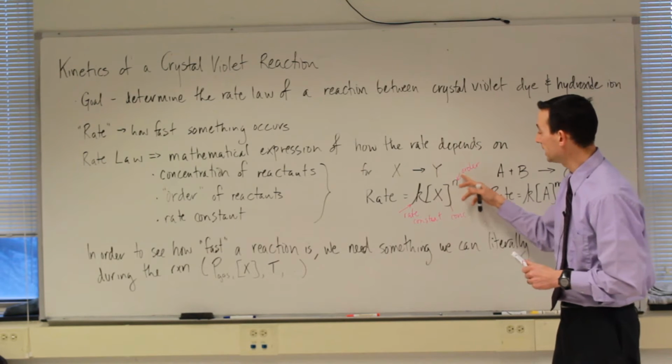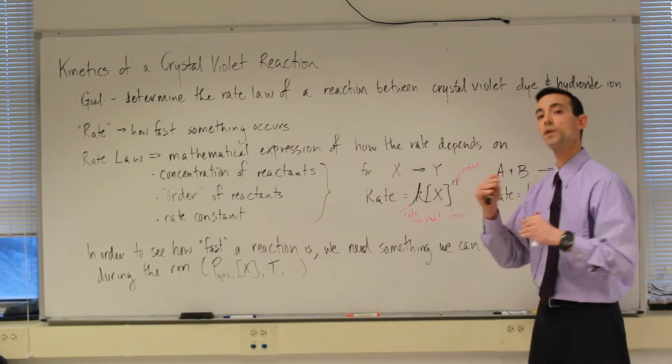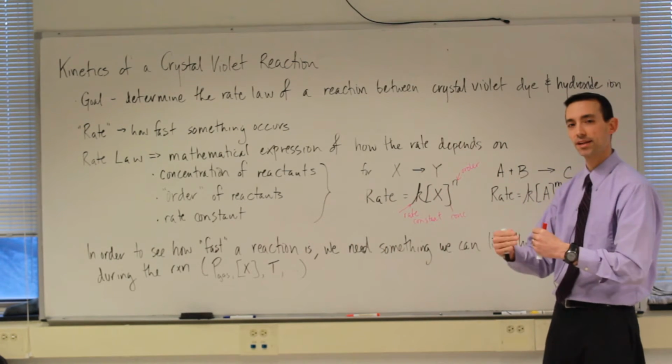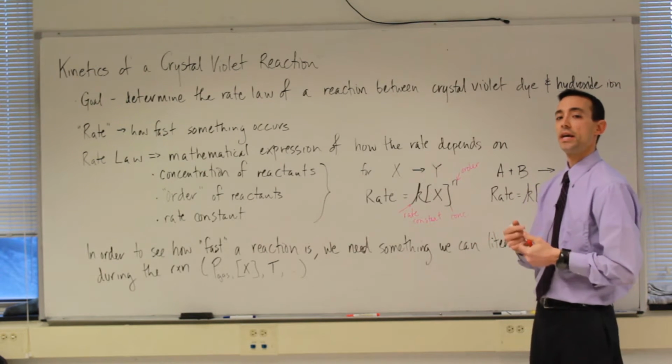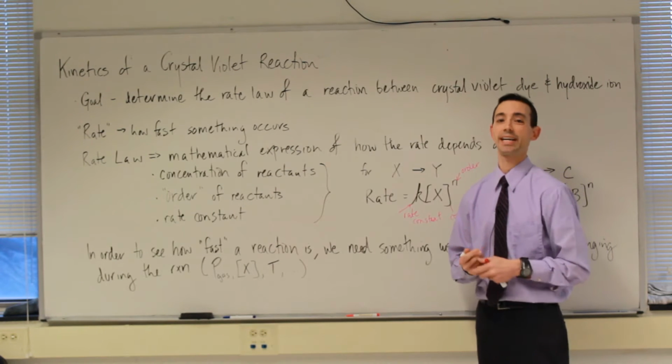What n is indicating is that not all reactions are a one-to-one response. In other words, the rate doesn't always directly or linearly depend on the concentration. It might be that your reaction is zero, first, or second order.